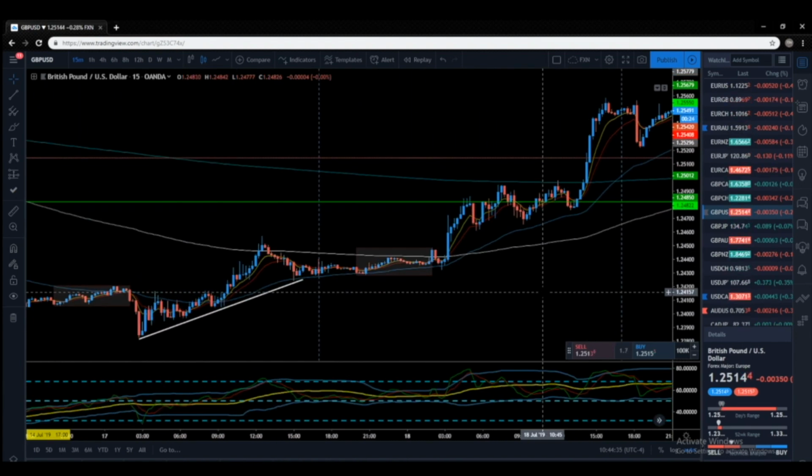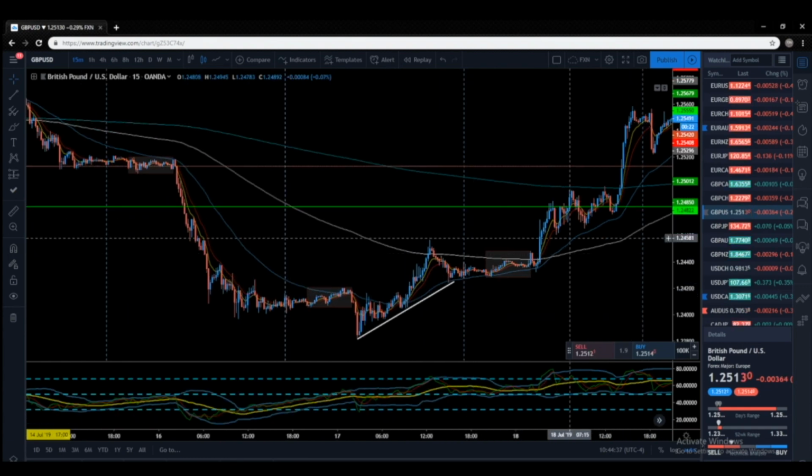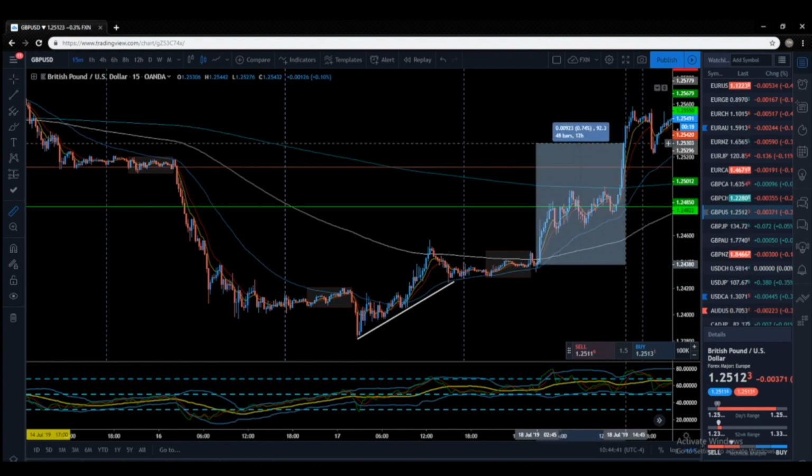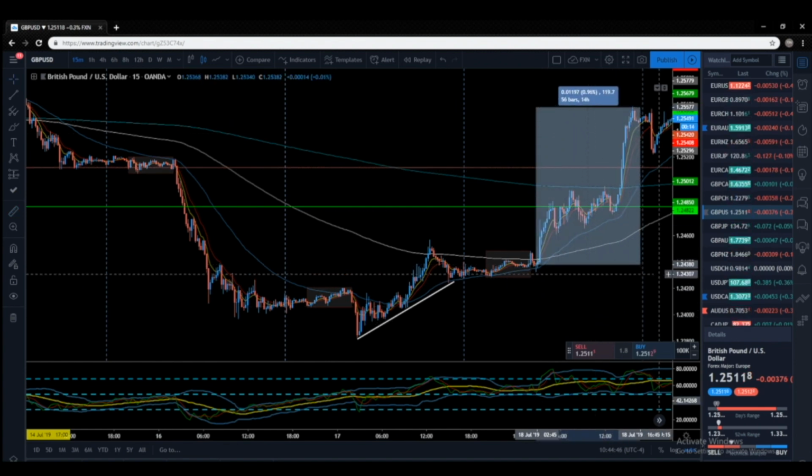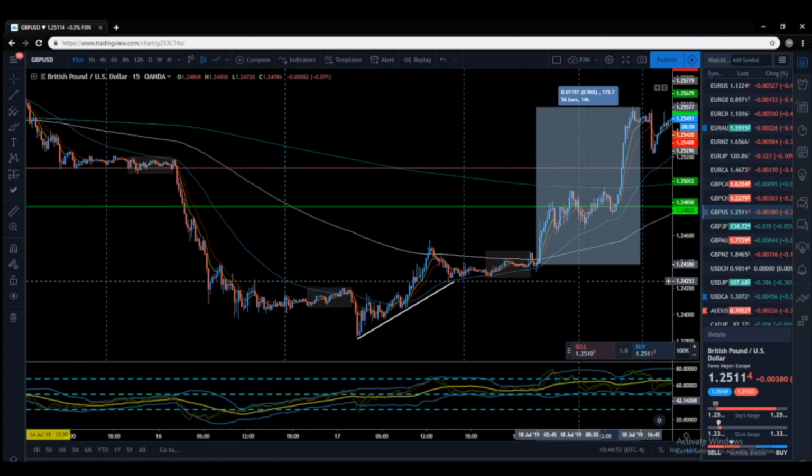So here's another example here. And so these moves, they're well over 100 pips on these moves here. So if you can catch them, it's a really good swing trade to hold. But there's another example on pound USD.